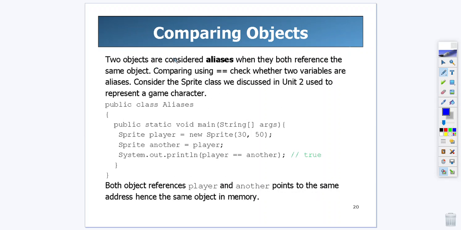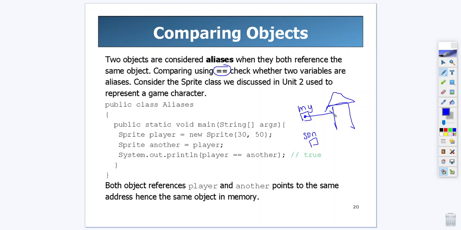Now, we've talked about objects before. You have to be careful. When we use double equals for primitive data, it's straightforward, it's easy, it's checking to see if they're the same. But when we are using it to compare objects, we're actually looking to see if objects are aliases of each other. So let's say, here's my house, and you ask me for my address, or you ask me for my son's address.